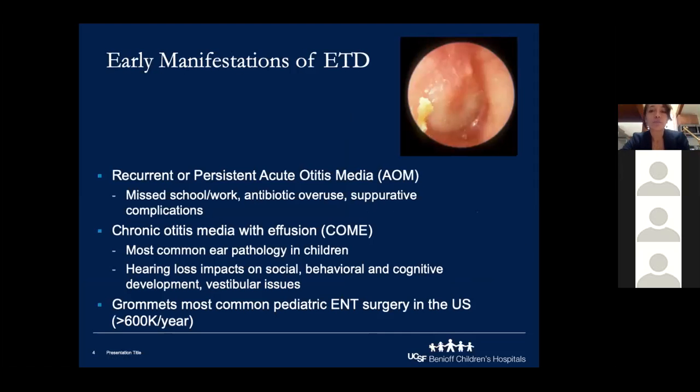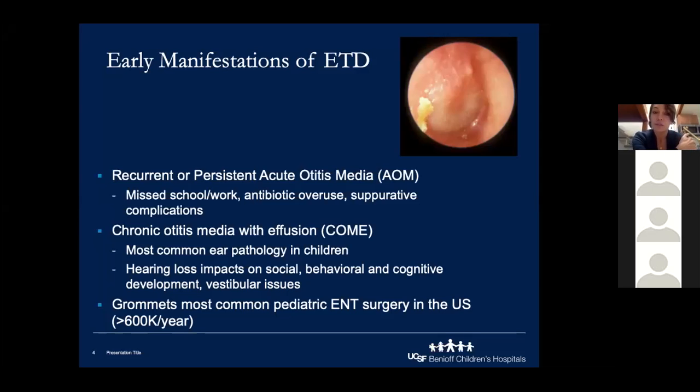So in terms of early manifestations of eustachian tube dysfunction, of course, recurrent or persistent otitis media, or acute otitis media in children, is a very common problem, and one that can result in costs related to missed school and work.